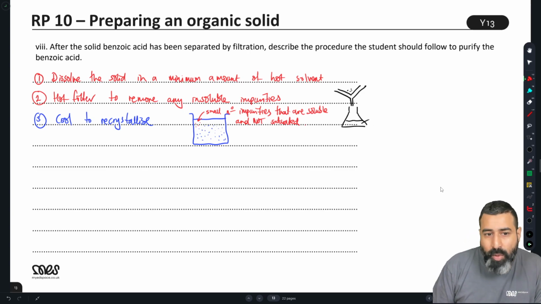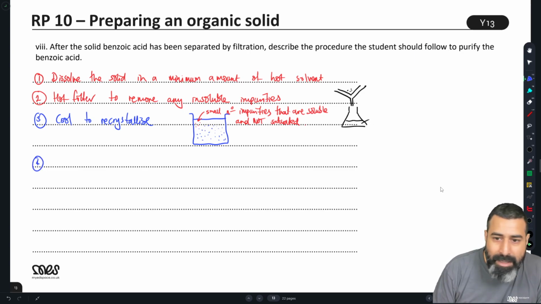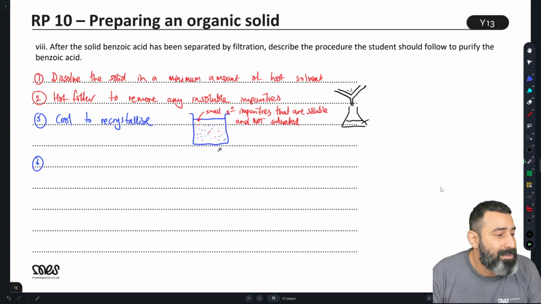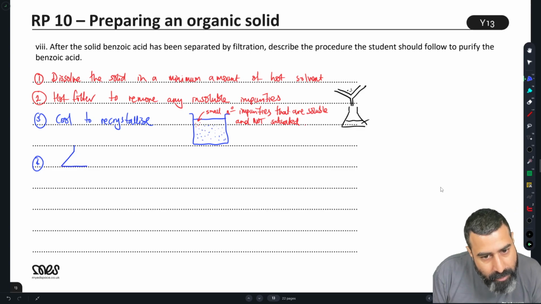So then when we cool this to recrystallize, what's going to happen to my benzoic acid, which is a saturated solution at the moment? So when it starts to cool, well, this stuff's going to crash out of solution.